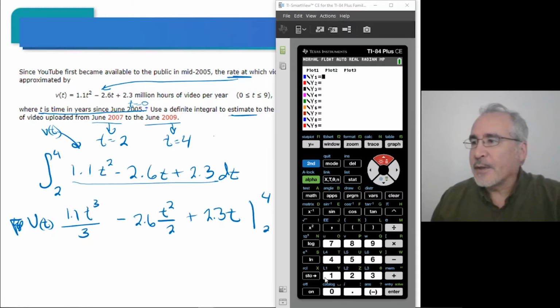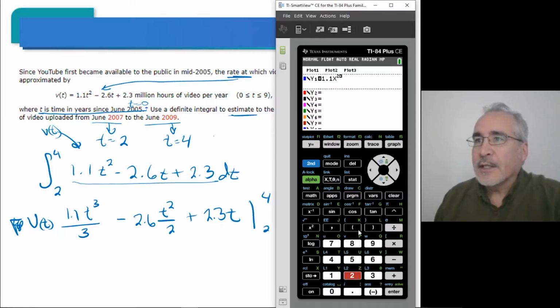So we put in this derivative, 1.1. And again, instead of t, we use x because that's what the calculator likes. Raised to the second power. Go over, subtract 2.6 t or x. Not squared, because we're using the derivative function here. Plus 2.3. So just be careful.